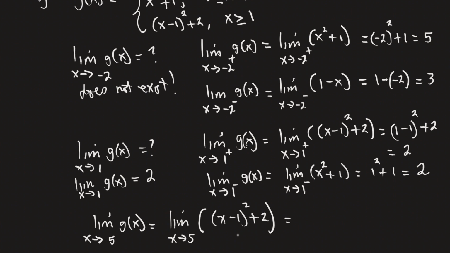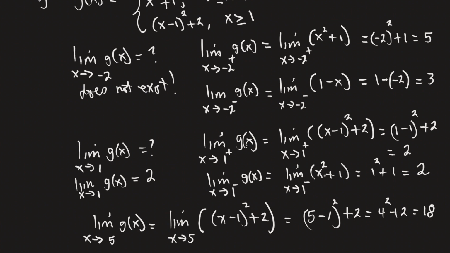And then here we plug it in, again, using our fact that this piece itself is an elementary function. And we get 5 minus 1 squared plus 2. So this is 4 squared plus 2. That's 16 plus 2. That's 18, right?